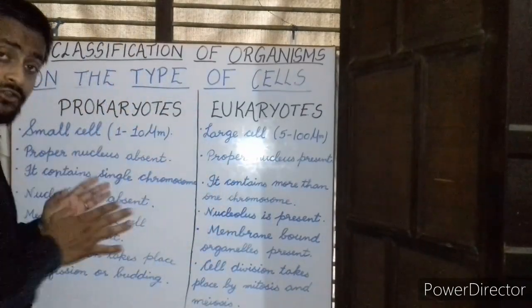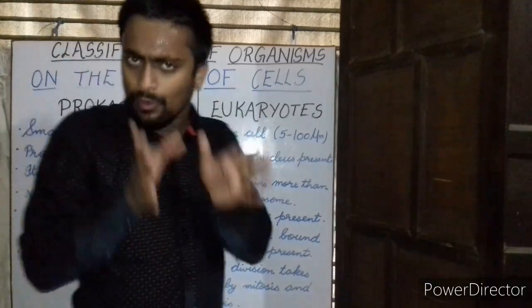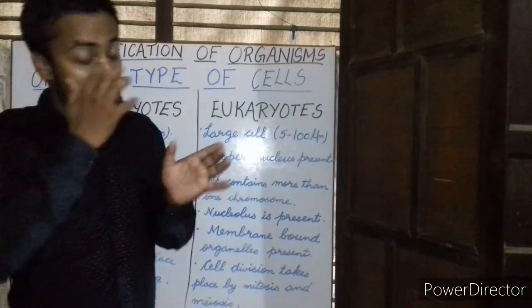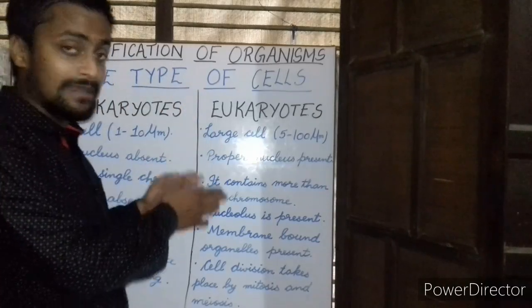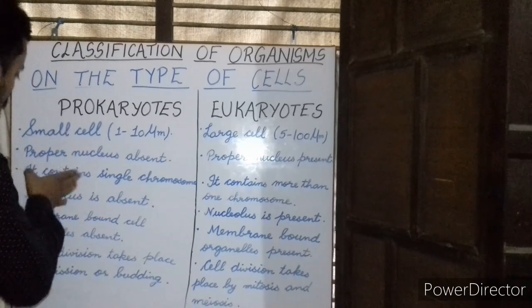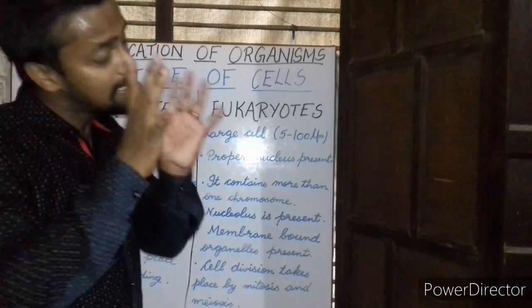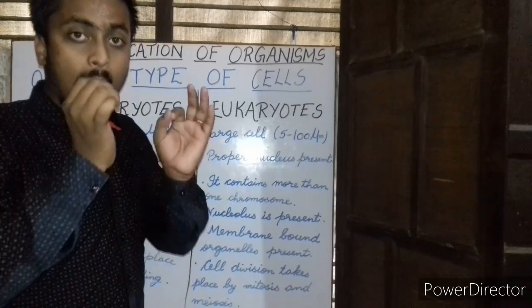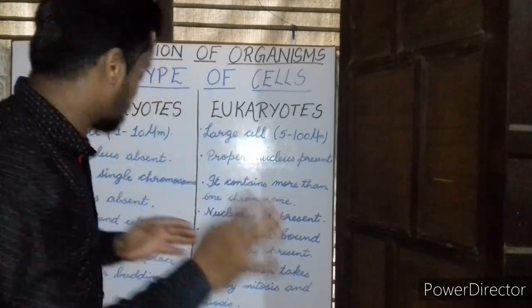Secondly, a proper nucleus is not present in a prokaryotic cell, which means a nuclear membrane is lacking, while in a eukaryotic cell, a proper nucleus is present. Thirdly, prokaryotes contain only a single chromosome, while in eukaryotes, more than one chromosome is present.